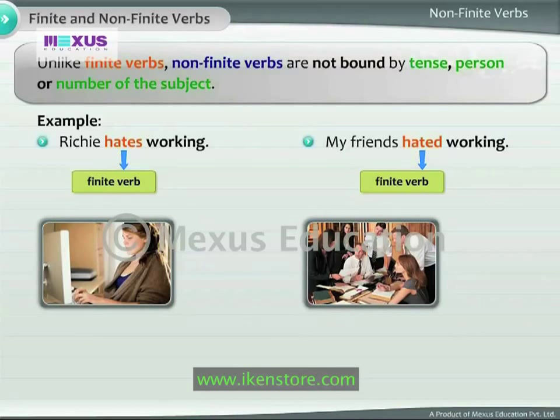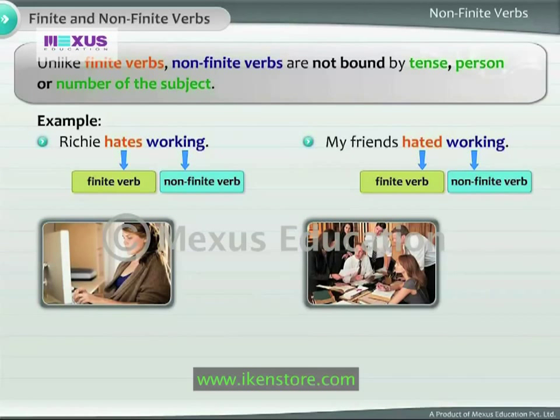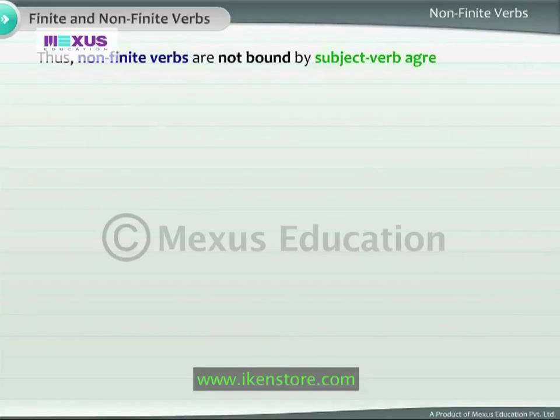It is bound by tense, number, and person. However, the verb working is a non-finite verb. It does not change even though the person, number, and tense of the sentence changes. Thus, non-finite verbs are not bound by subject-verb agreement.